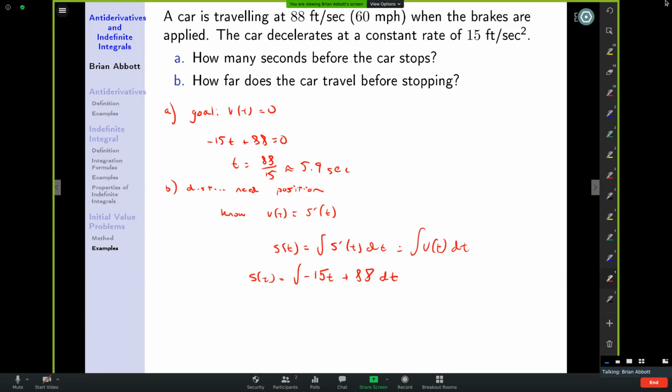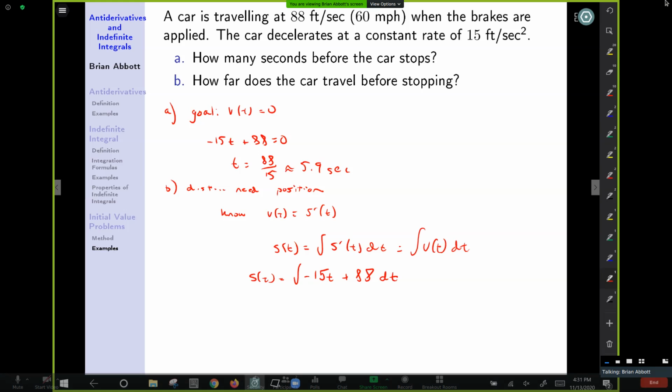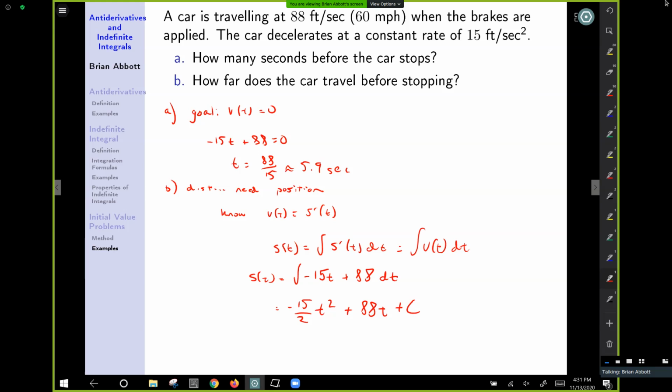And integrating that, we get negative 15 over 2 t squared plus 88t plus c. So the question is c. We need some way to figure out what this constant is, and then we'll be golden.